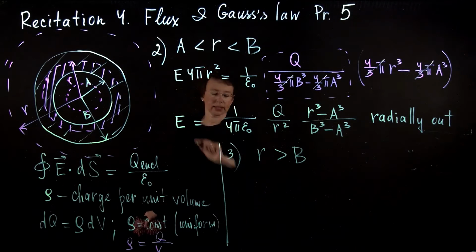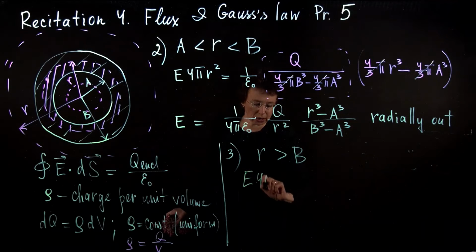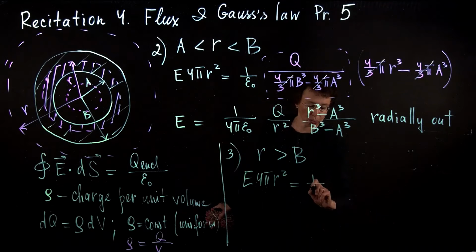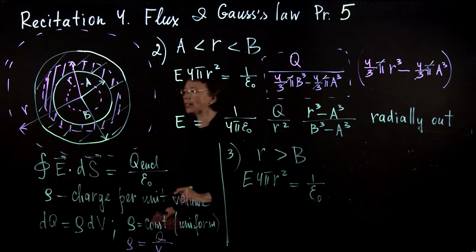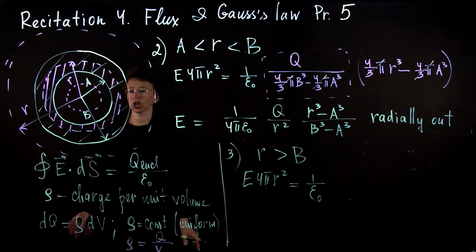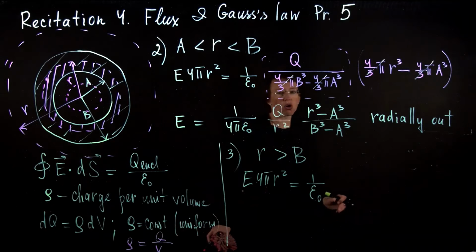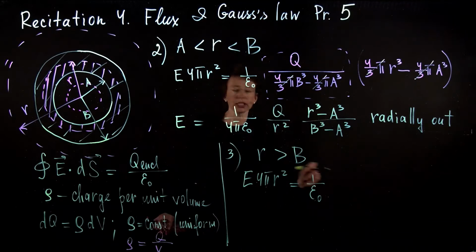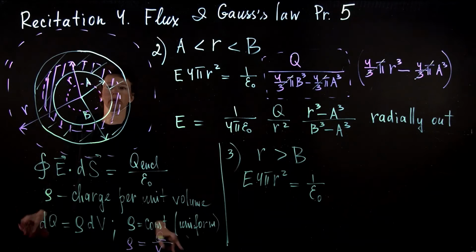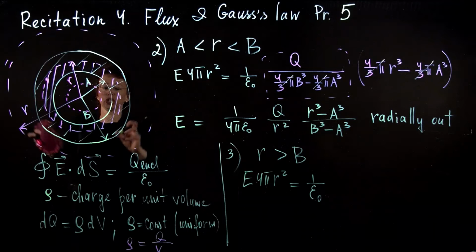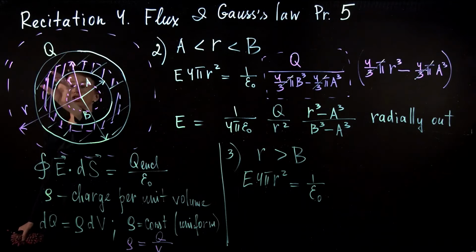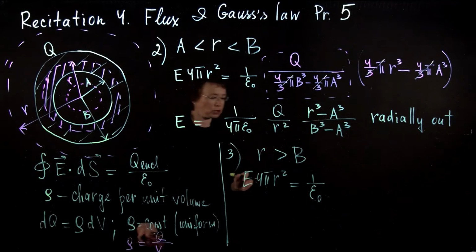The left-hand side is unchanged, so it is E times 4 pi r squared equal to 1 over epsilon naught times the charge enclosed by this surface. What is the charge enclosed? It is just the total charge Q that was smeared over this volume.